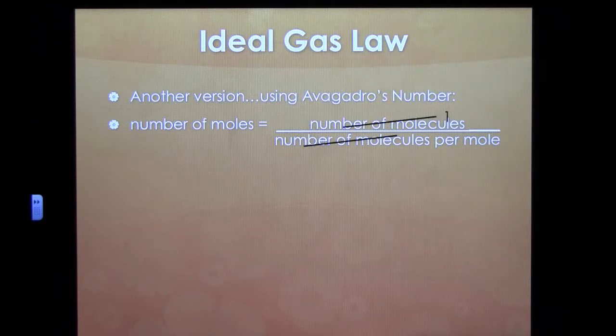We can see that the number of molecules actually cancels out of both the top and the bottom, and we'll be left with 1 over per mole. But a per mole is a 1 over a mole. So we have 1 over moles, which will give us just the number of moles. This can also be shown in symbols. Lowercase n is equal to capital N over N_A, and N_A is Avogadro's number.